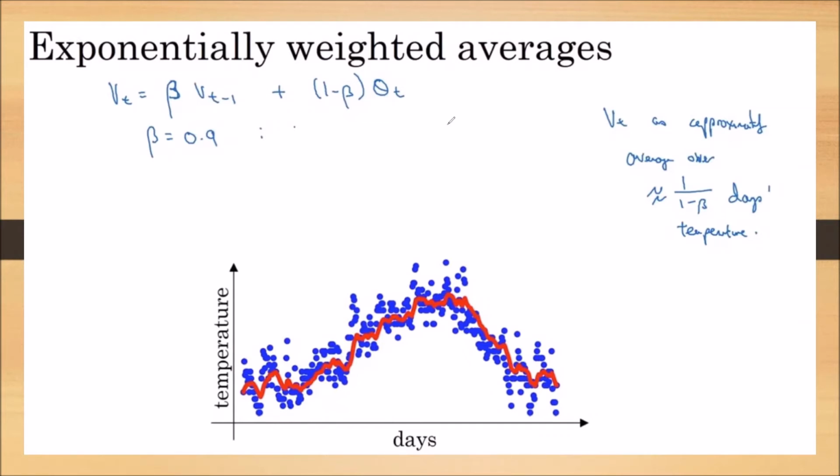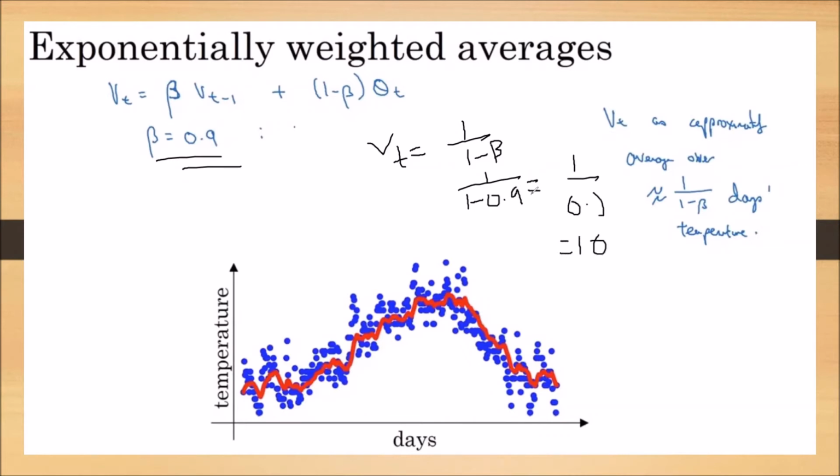So there is a generalized notation: Vt averages over approximately 1 by 1 minus beta days. What is this? We will see. For example, in the previous slide we have seen the beta value as 0.9. If I write 1 minus 0.9, this value is 0.1, and 1 by 0.1 means 10.